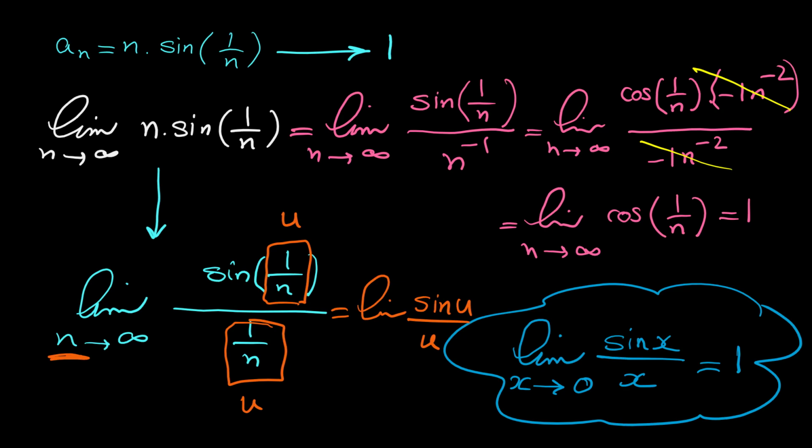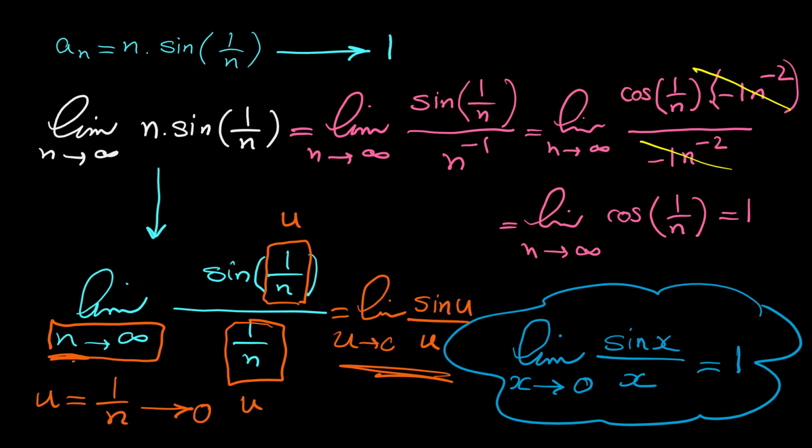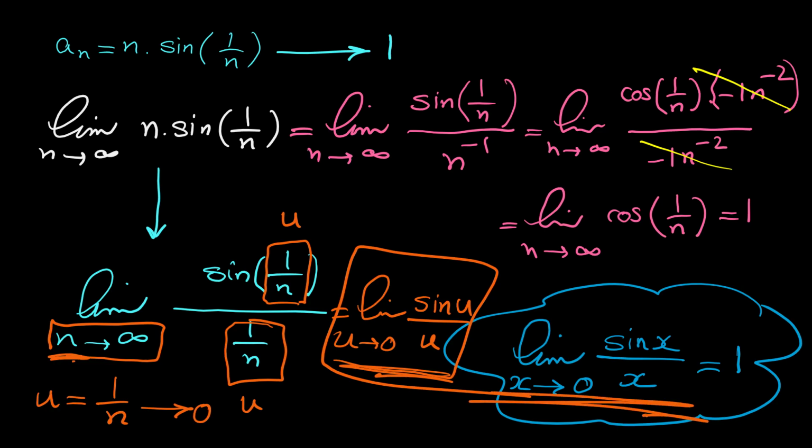Attention, u is 1 over n. If n approaches infinity, u approaches what? Because u is 1 over n, u approaches 0. So we want to find the limit of sine of u over u when u approaches 0. Now you can see that this is exactly this relation, and based on this rule, this limit is equal to 1.